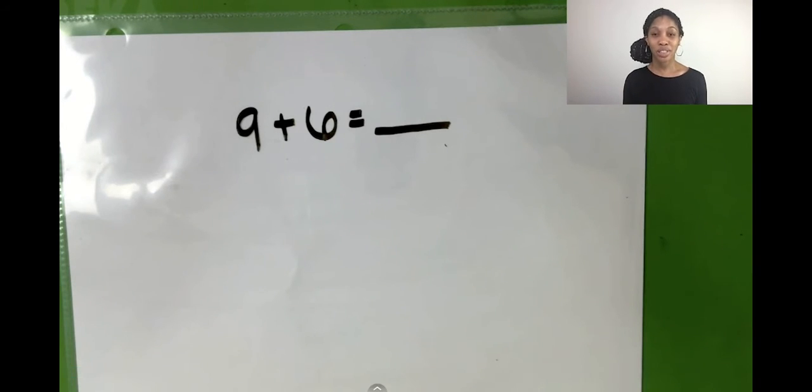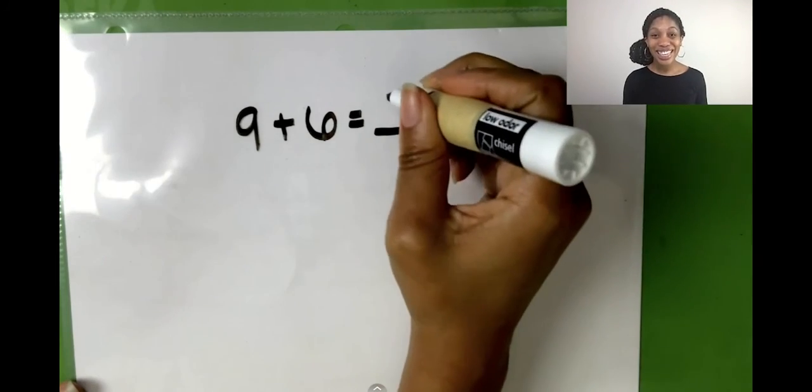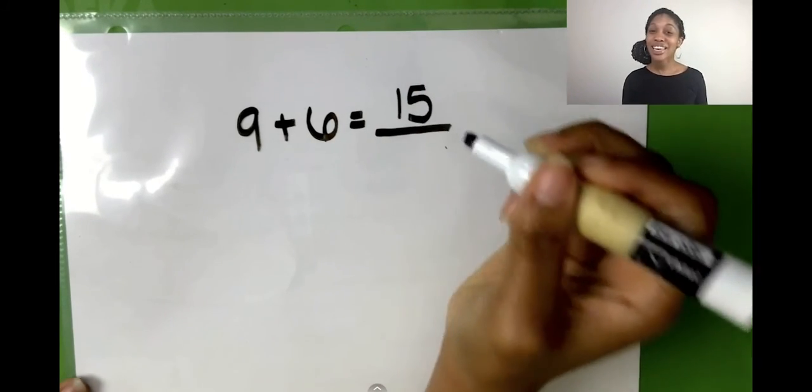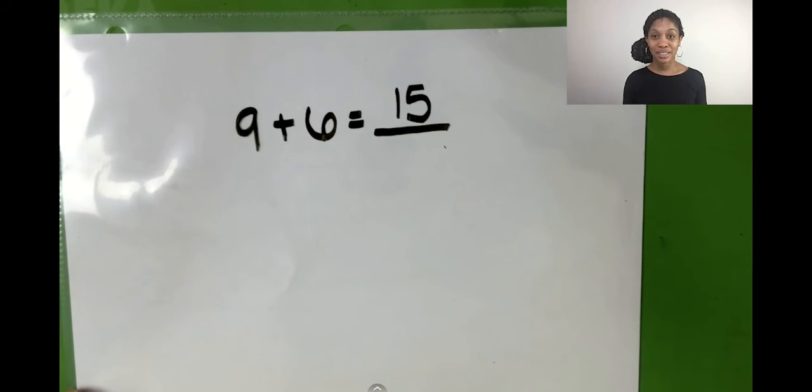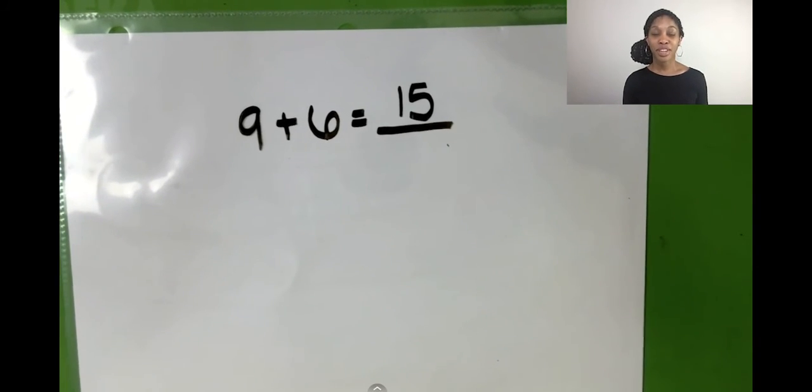Let's try counting on. Get ready. 9, 10, 11, 12, 13, 14, 15. Mathematicians, what's 9 plus 6? You got it. 9 plus 6 equals 15.